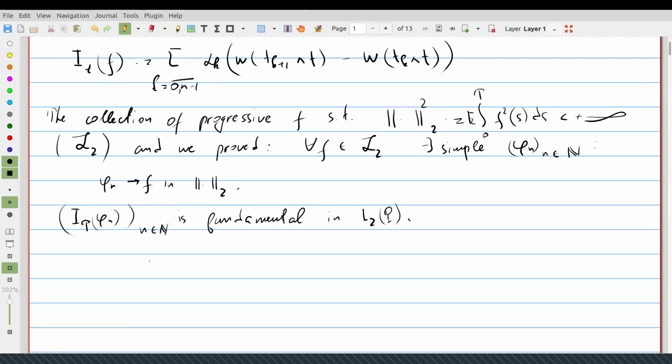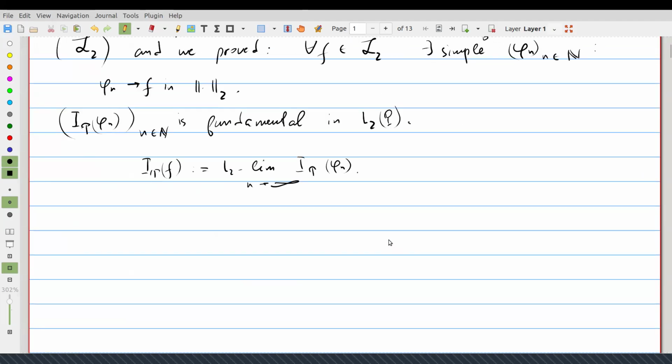And then we defined the integral of our f as the L2 limit of these integrals when n goes to infinity for fixed capital T. And for other values of t smaller than capital T, we defined those integrals as the integral of the indicator of [0,t] times f.